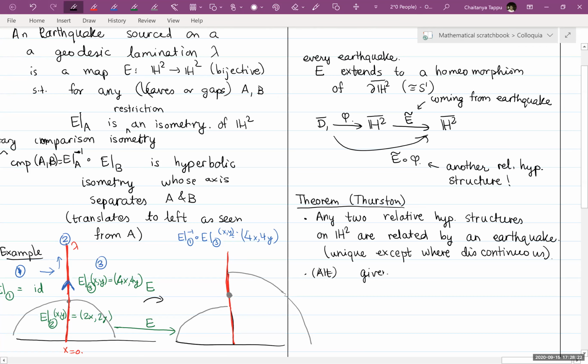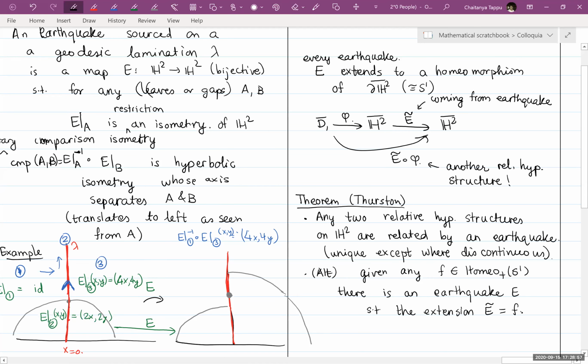Given any orientation preserving homeomorphism F of S1, there is an earthquake E such that the extension E tilde is equal to F. Right.